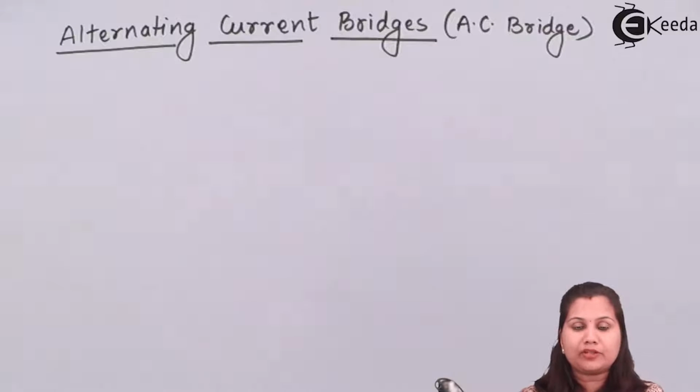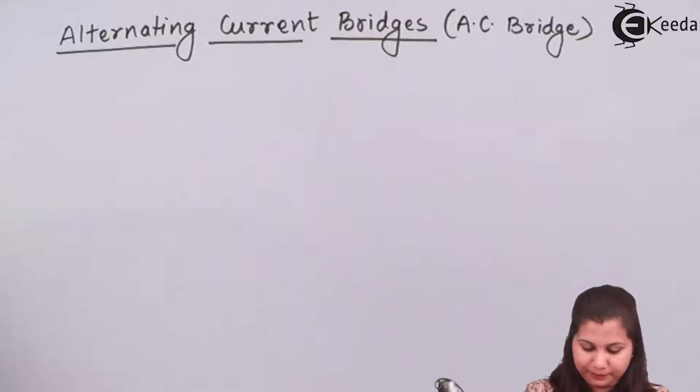In DC bridges, the power supply provides a DC current, whereas in AC bridges, the power supply is an alternating current power supply.